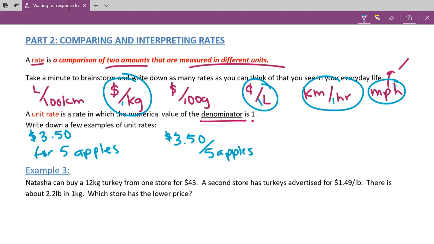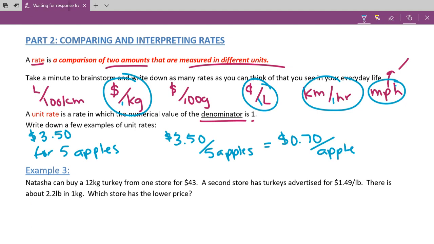If you were to buy 10 apples, it would be $7, and so on and so forth. But if I take those values and I divide them, if I do $3.50 divided by 5, it gives me 0.7, right, or 70 cents. And now that's per every 1 apple, right? So now we have a unit rate.